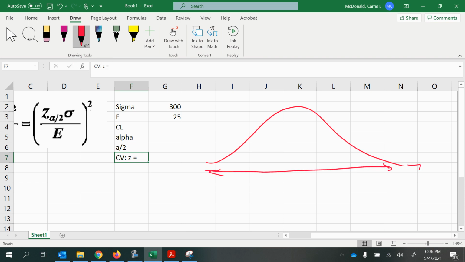This is your standard normal distribution with z-scores across the horizontal axis. And if it's two-tailed, you have a critical value on the left and on the right that'll be twins, where one's negative and one's positive. And each of the tails have half of the significance level, half of alpha, right?